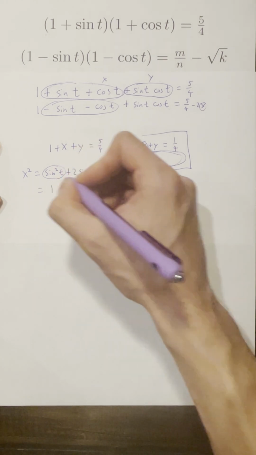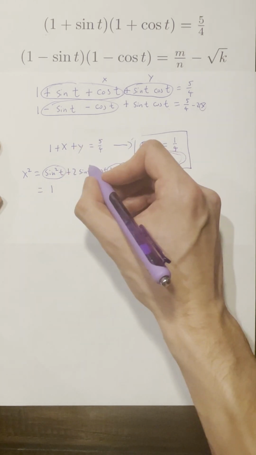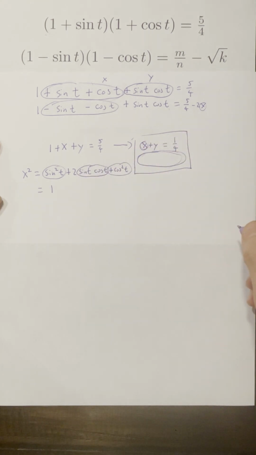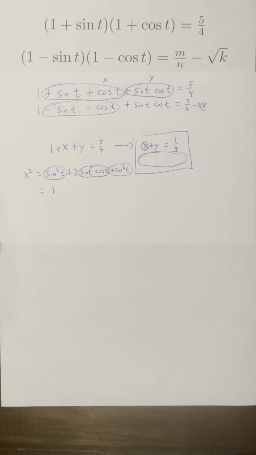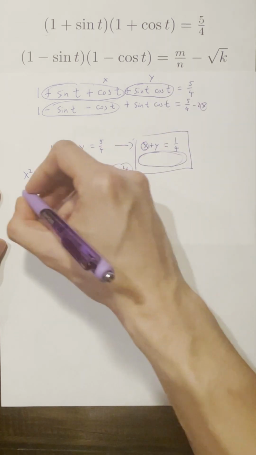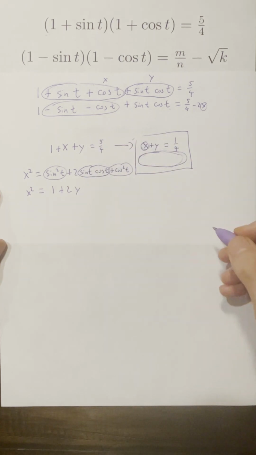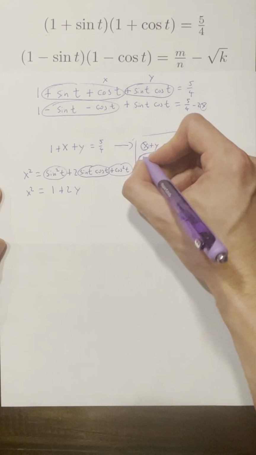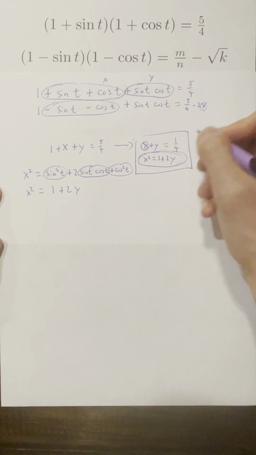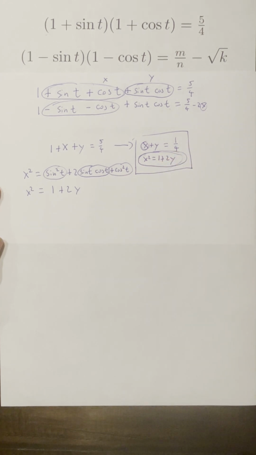That's going to be equal to 1. And we assigned a variable for sine t times cosine t. What was that variable? It was y. So we've got x squared is equal to 1 plus 2y. So that's our second equation. And now we can solve the problem.